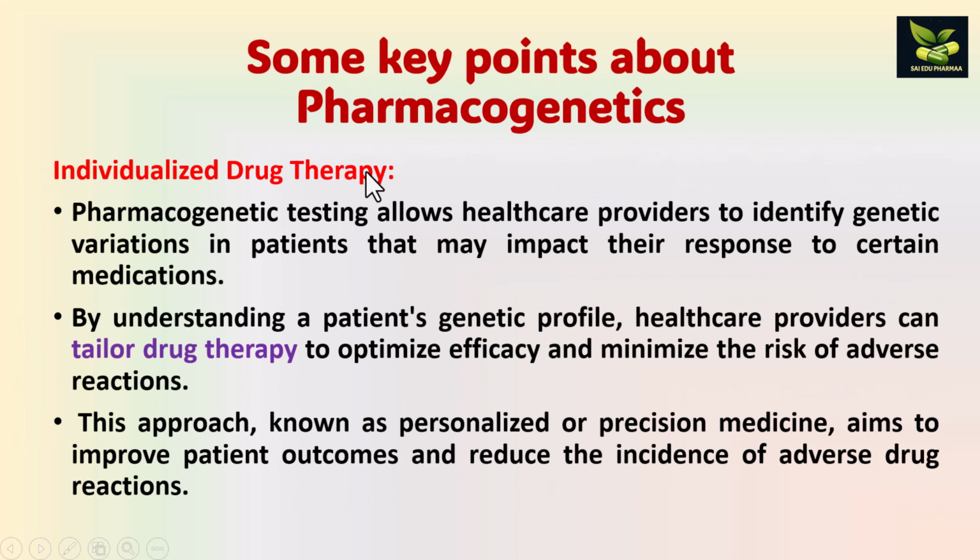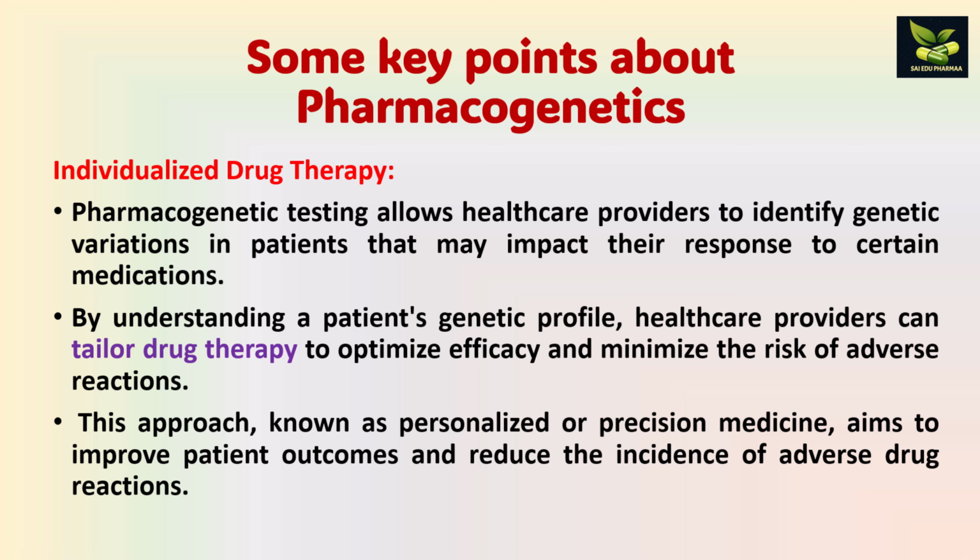We are going to discuss some key points about pharmacogenetics. First of all, we will be seeing individualized drug therapy. As we have seen in the introduction, each person has their own genetic makeup and their own metabolism and body characteristics. So pharmacogenetic testing allows the healthcare providers to identify the genetic variations in each patient which might impact their response to certain medications.